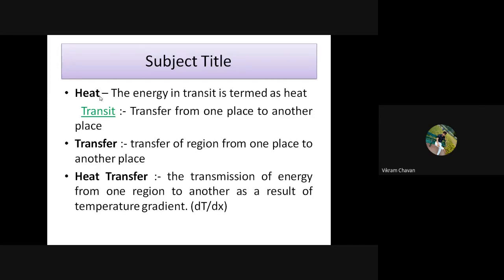If the total distance is x, the change in length is dx. So the temperature gradient is dT divided by dx.